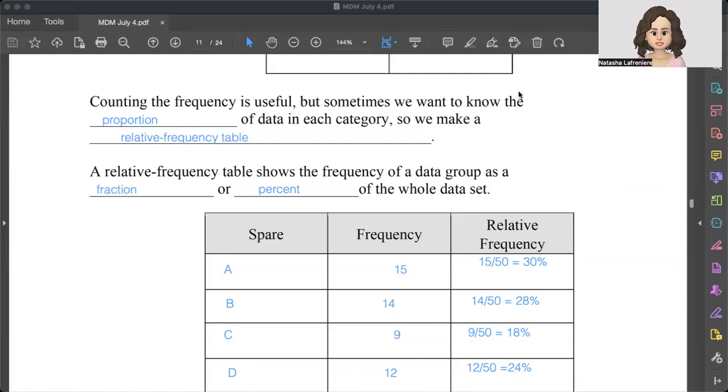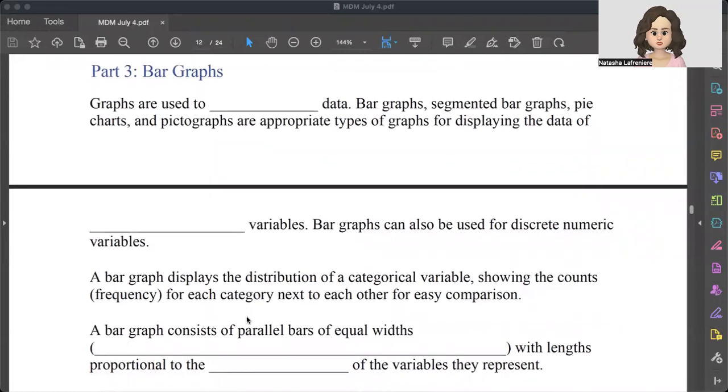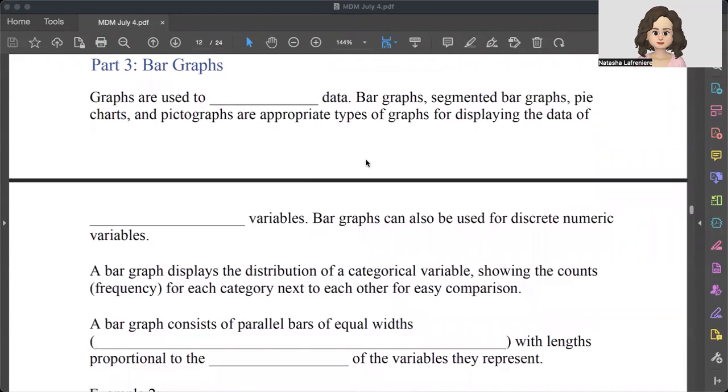So I'm clearing this and we're going to move forward to bar graphs. Bar graphs are used to display data. Earlier, the frequency tables were to organize your data. Remember that data management looks at organizing, displaying, and analyzing data.